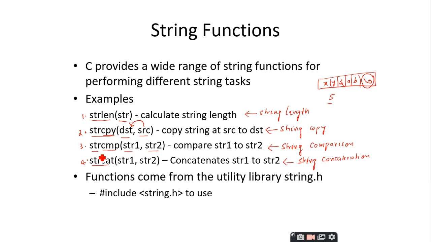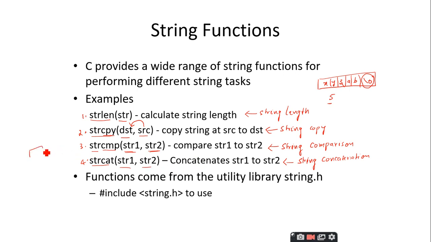Everything we will discuss, but you just remember that this strcmp function is going to compare these two strings str1 and str2. And the last function is strcat, which concatenates string 1 and string 2. That means these two strings are going to be concatenated.